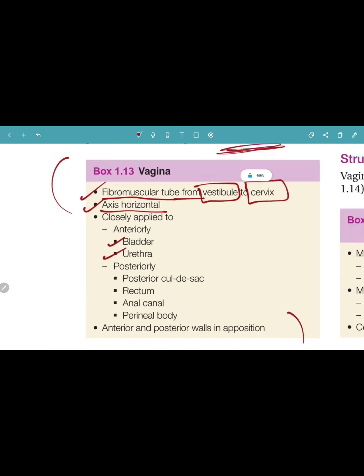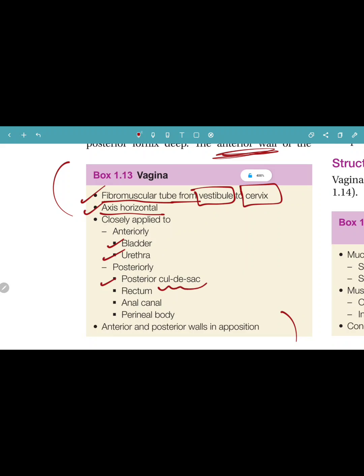Posteriorly it is applied to the posterior cul-de-sac, rectum, anal canal and perineal body, with the anterior and posterior walls in opposition.